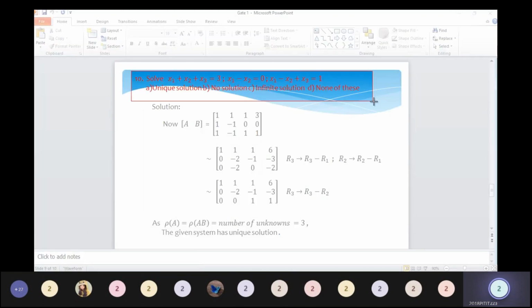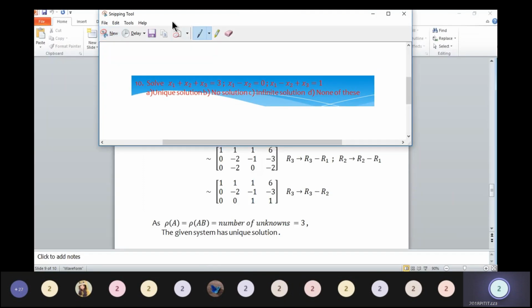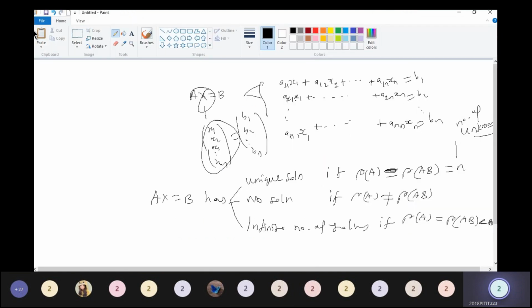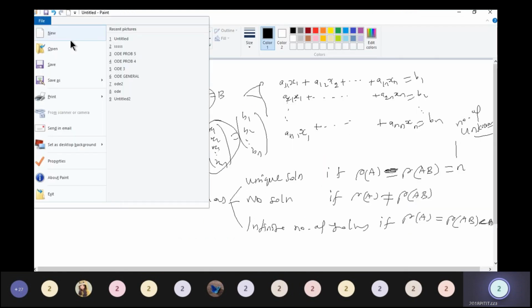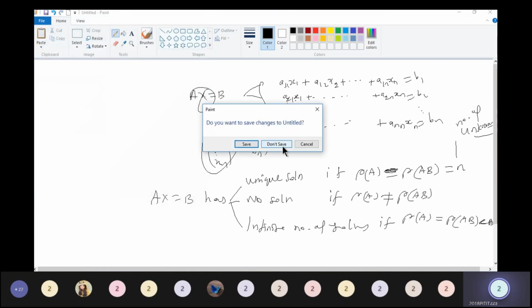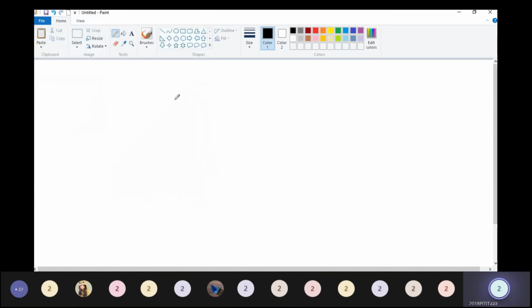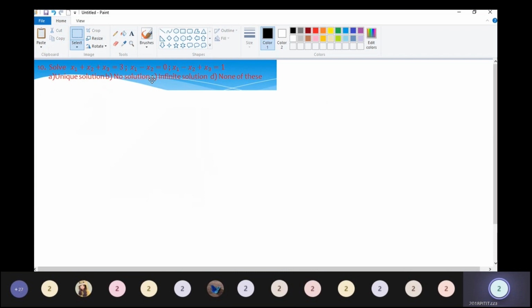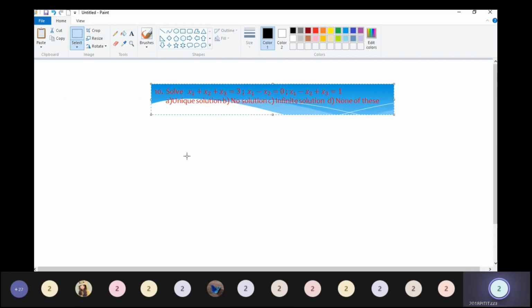The problem is, I want to find the rank of the augmented matrix.